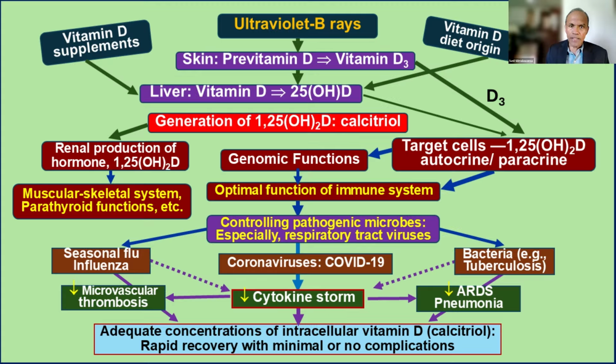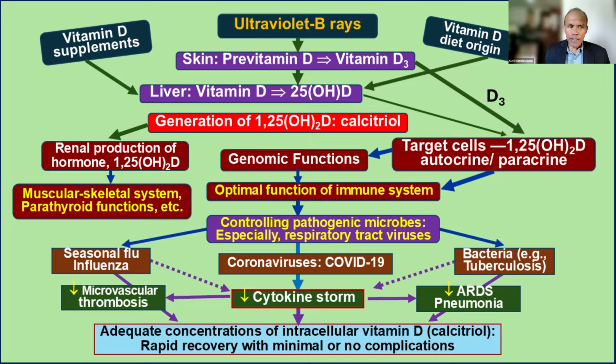For example, in the immune system, it activates all immune cells and enables a robust immune system to fight against respiratory tract viruses, for example seasonal flu, influenza, coronaviruses, and intracellular bacteria like tuberculosis.